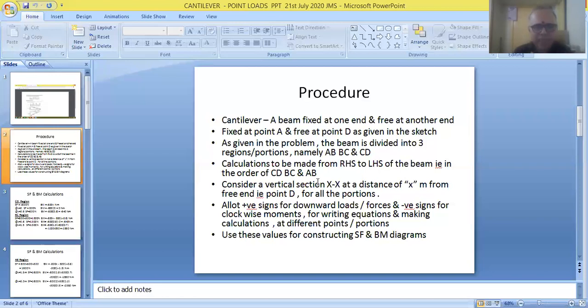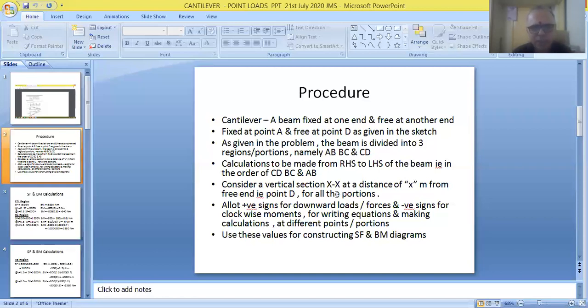So consideration of vertical section XX at a distance of X meter from the free end of the beam is very essential for writing SF and BM equations for the CD region, the BC region and also the AB region.